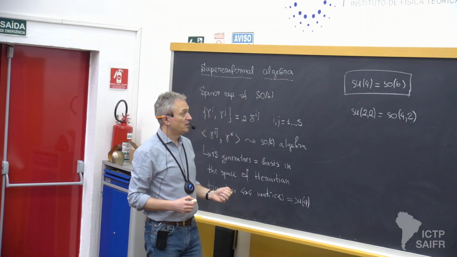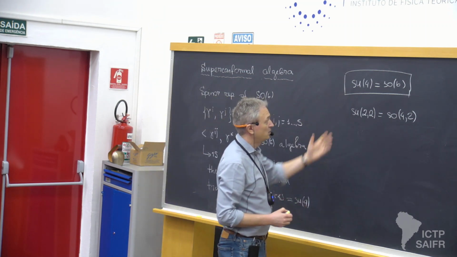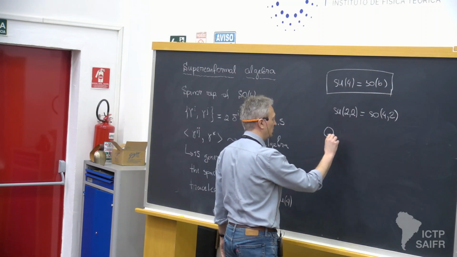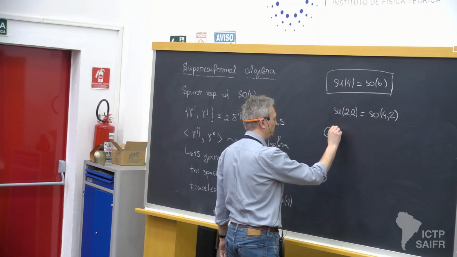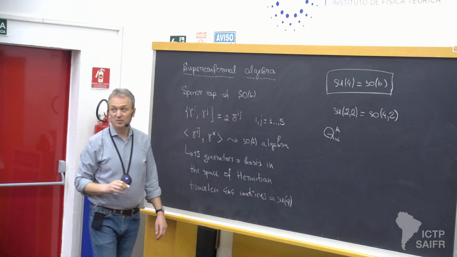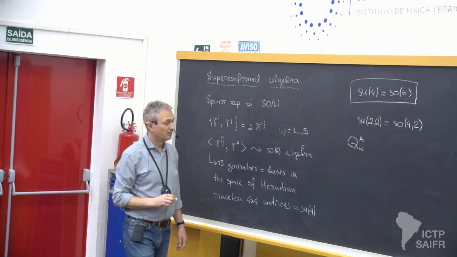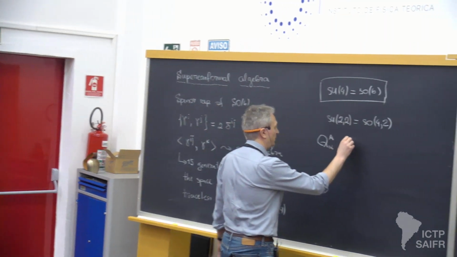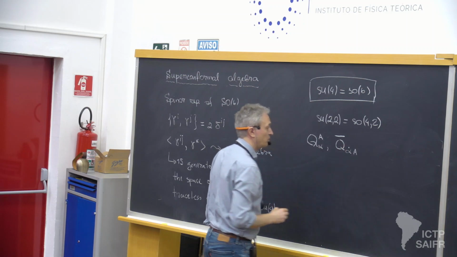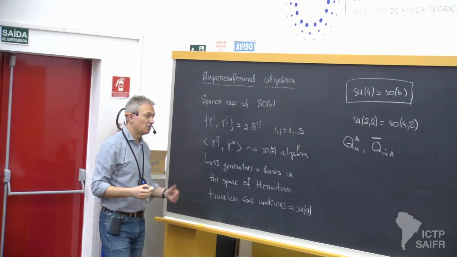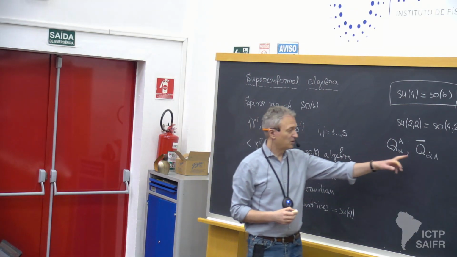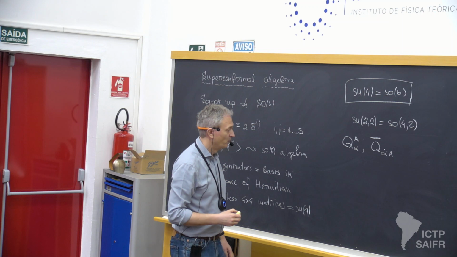And they have an SU4 index, so they transform under SO6. So I remind you that there are 4 supercharges. Each of them is a Weyl spinor. And their conjugates transform as a Weyl spinor of the opposite chirality. And it's also the conjugate representation of SU4.